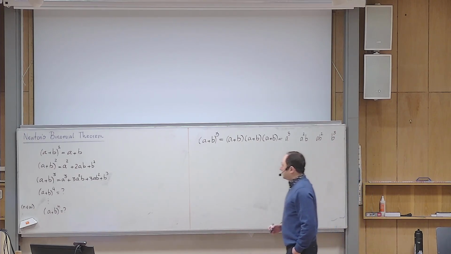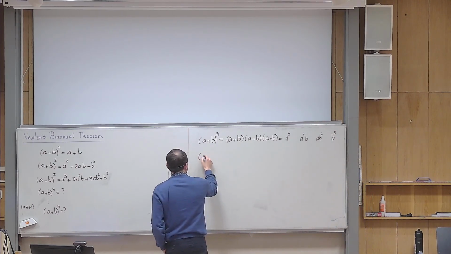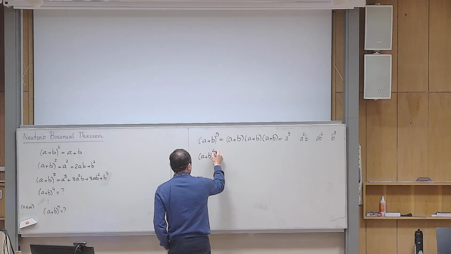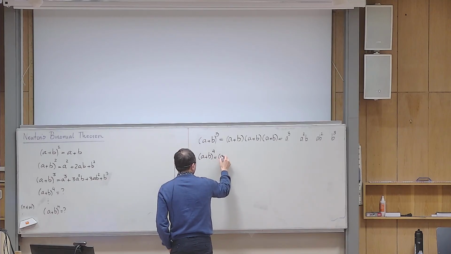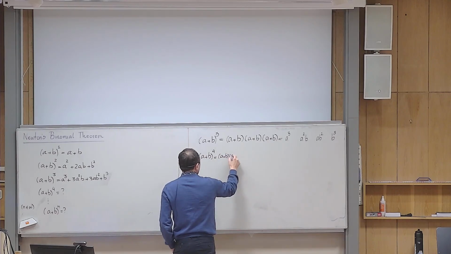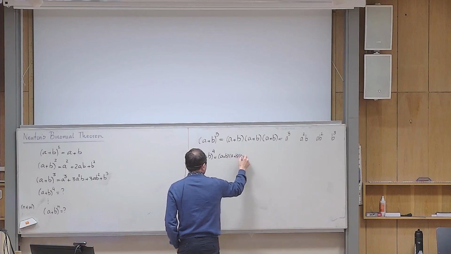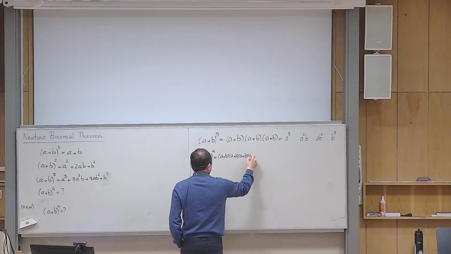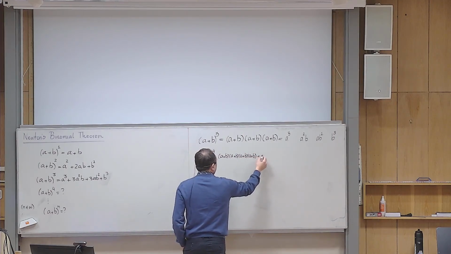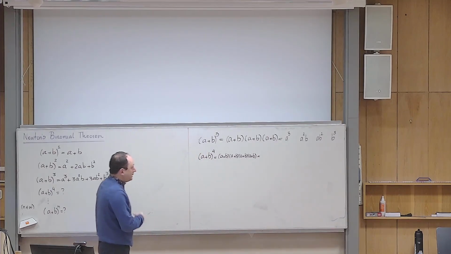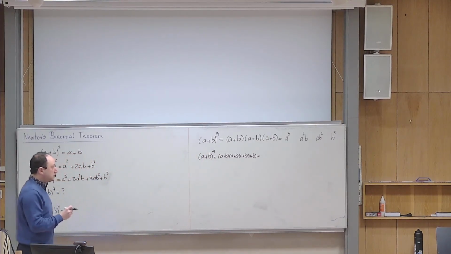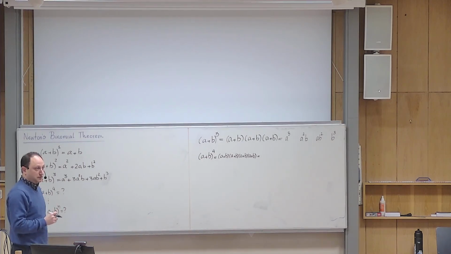Yes? And I think you can immediately guess yourself what will be the form of the terms involved if I have the fourth power. Yes, a plus b, a plus b, a plus b, a plus b. So can you guess what are possible terms that will be in the answer, regardless of the coefficients sitting in front of them? So what are the terms involved?